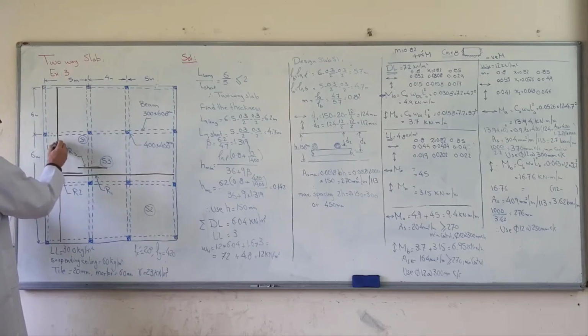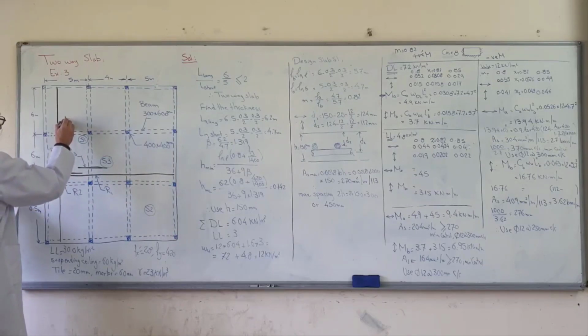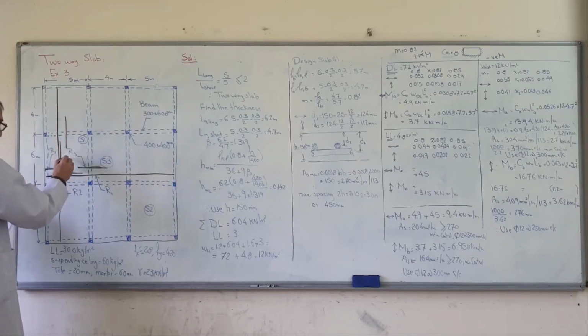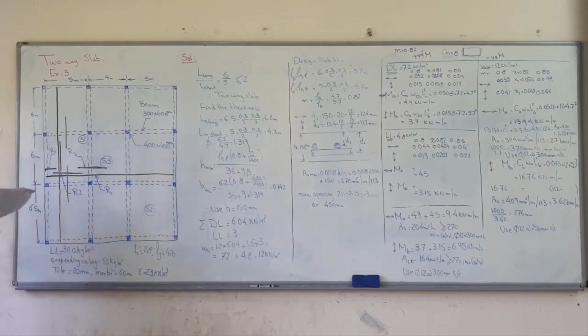These are at bottom. We have also negative at top. Negative at top. We use R1.